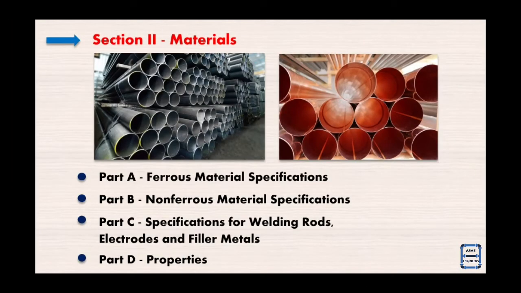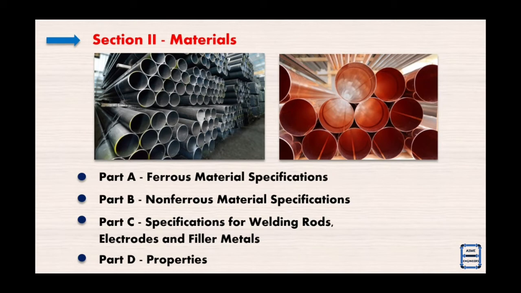Next, we will see Section 2, which is about selection of various materials and welding electrodes as per their design and fabrication criteria. It is categorized into various parts. Part A provides ferrous material specifications.